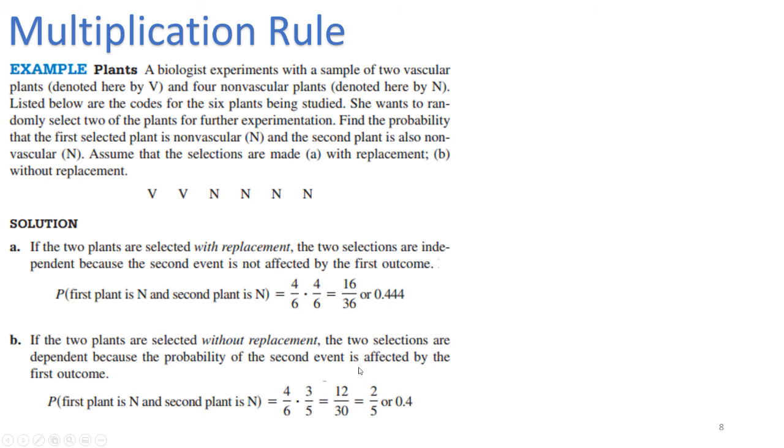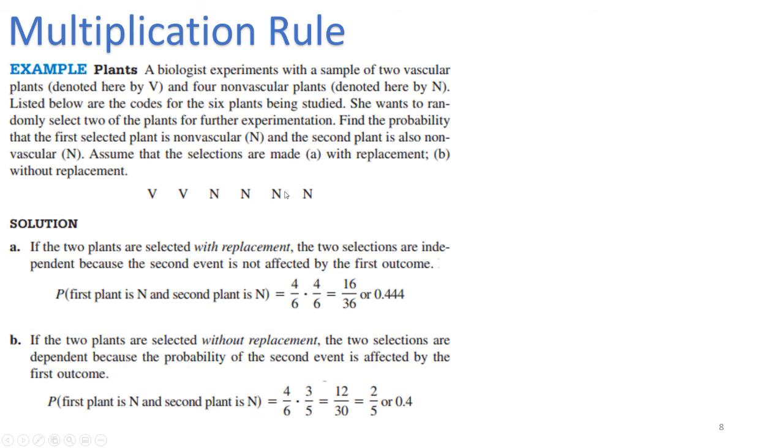However, if it's done without replacement, we're going to find that we get a different answer, because in this case, what's the probability of the first plant being non-vascular? Well, it's 4 out of 6. And what's the probability of the second plant being non-vascular? If we assume the first event occurred, then one of these non-vascular plants has been removed.